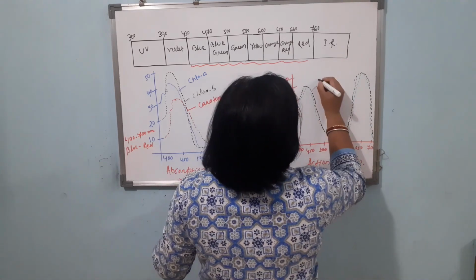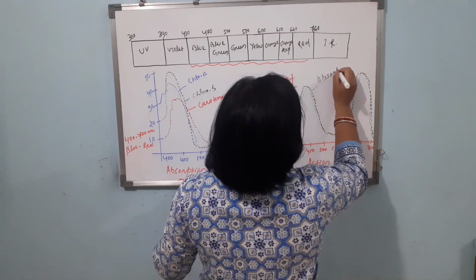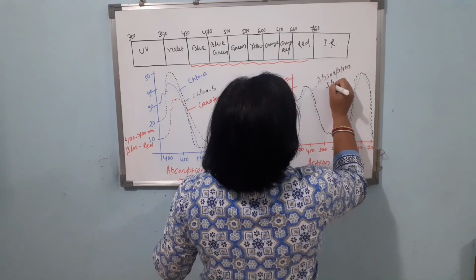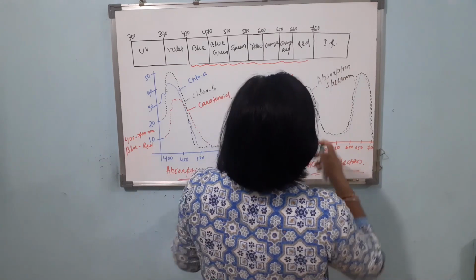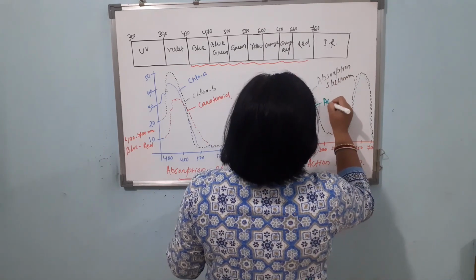This black color is the absorption spectrum, and this green color is the action spectrum.